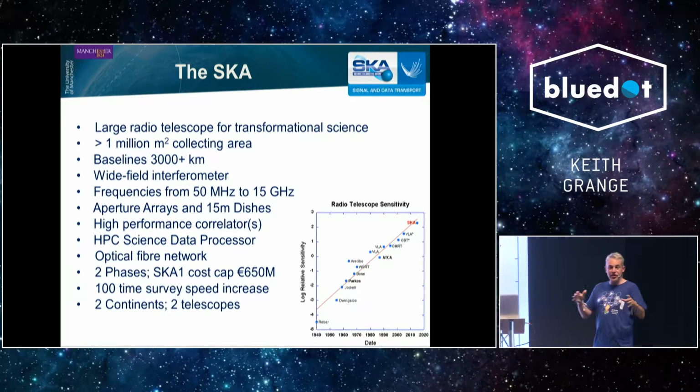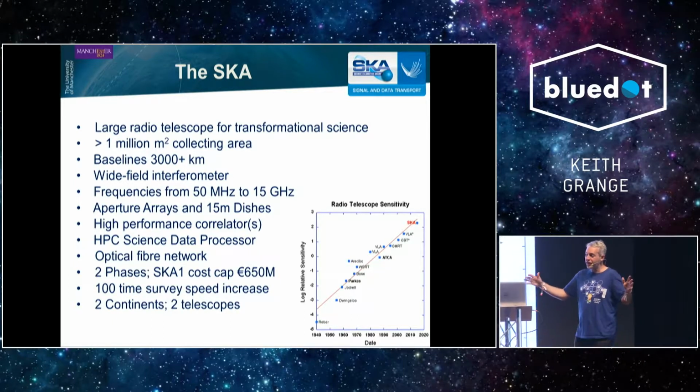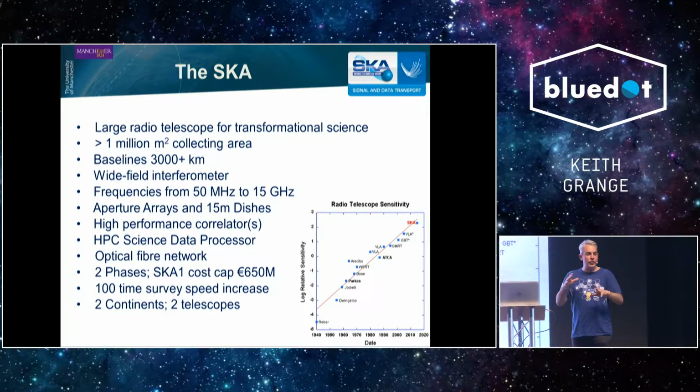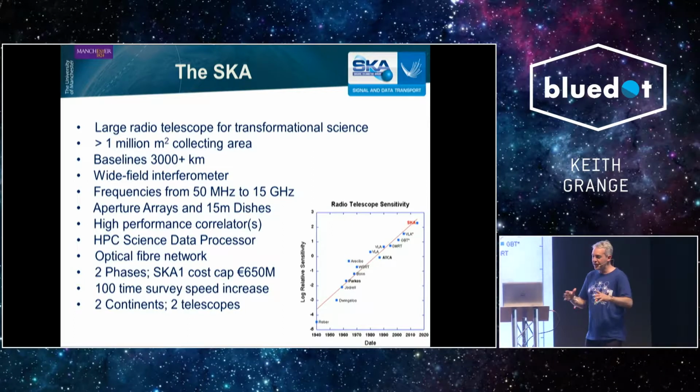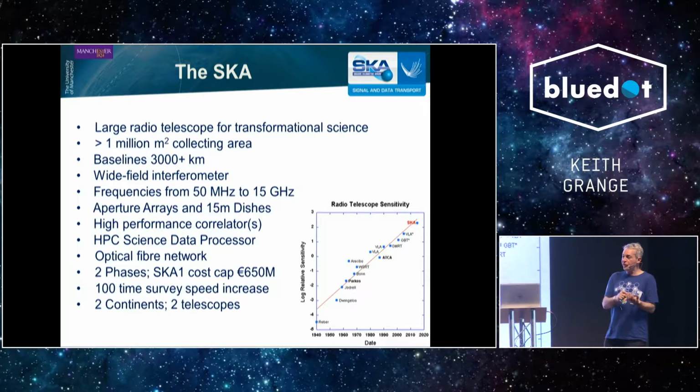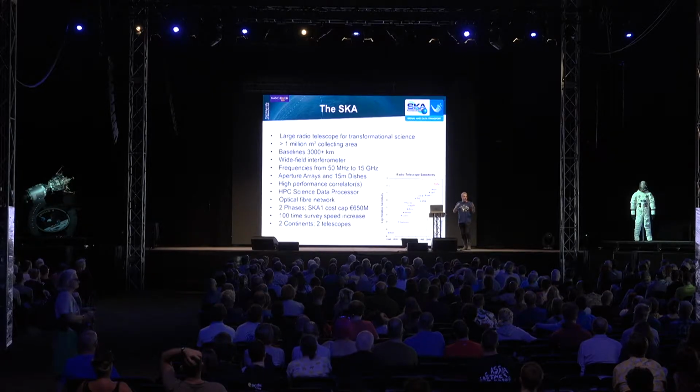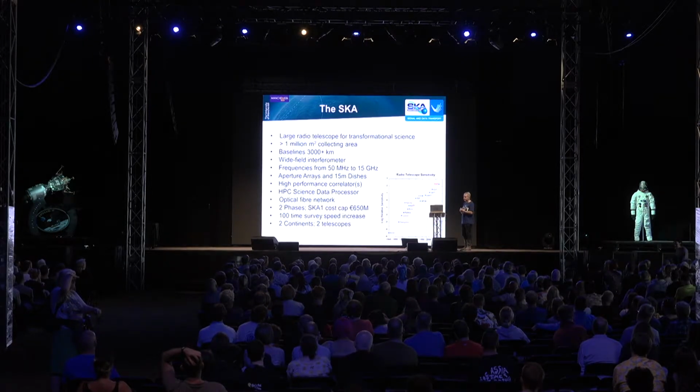It'll actually have baselines up to about 3,000 kilometers, and it'll work as an interferometer. And I'll come back to that and explain what that really means. It's working, as I said, in the radio wave band, all the way from 50 megahertz up to 15 gigahertz. So that's several meters kind of wavelength to centimeter type wavelengths.